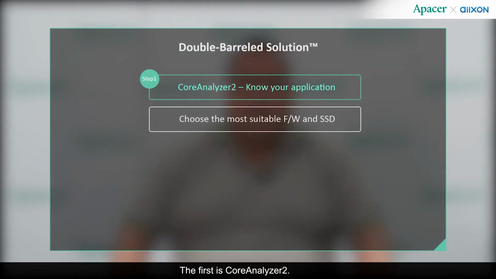As you may already have heard, Apacer's double-barreled solution is made up of two distinct components. The first is Core Analyzer 2. This takes a look at a workload simulation and then determines which Apacer SSD is most suitable for a particular customer's needs. It also recommends firmware modifications if they are deemed necessary.